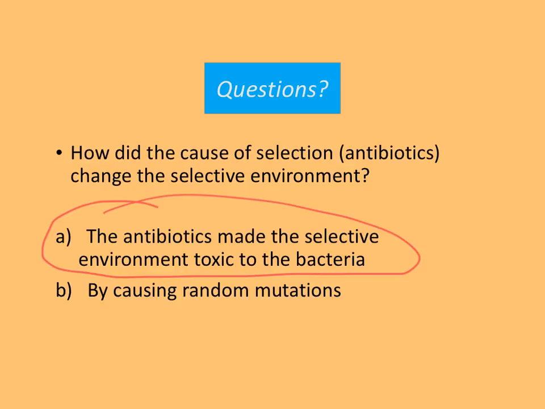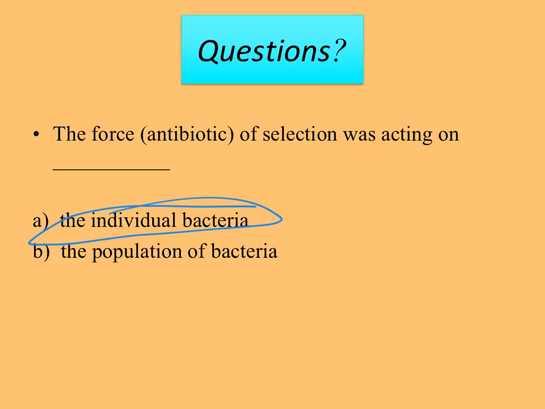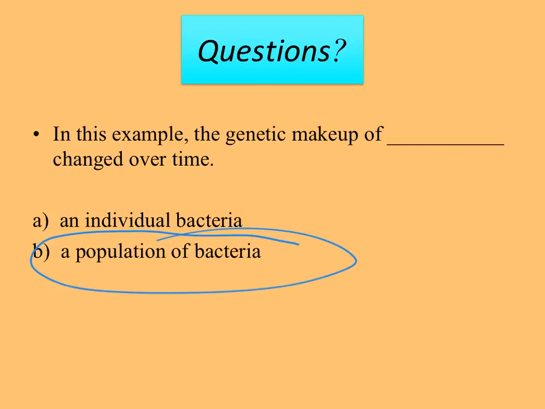They died. The force of selection was acting on the individual bacteria or the population? It's the individual bacteria. In this example, the genetic makeup of what changed over time? An individual bacteria, that's A, or population of bacteria? It's the population of bacteria.